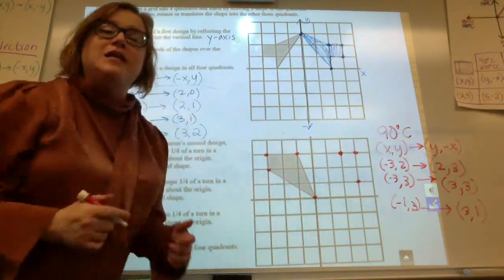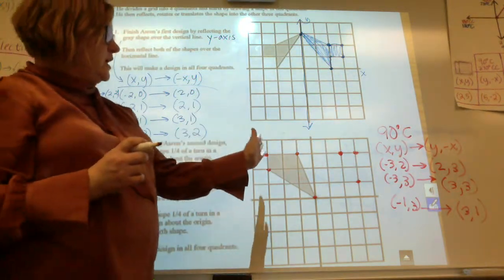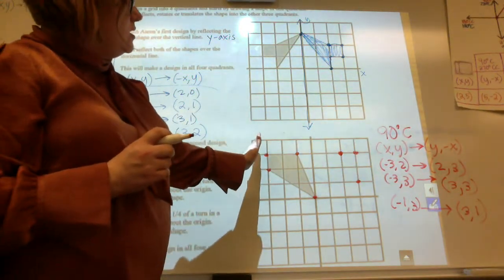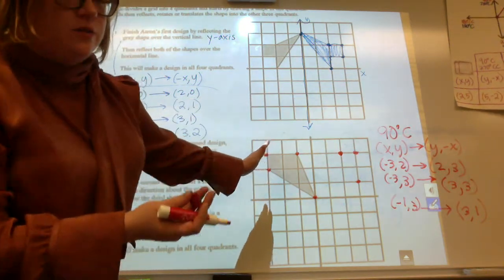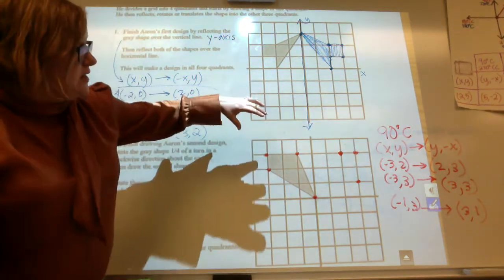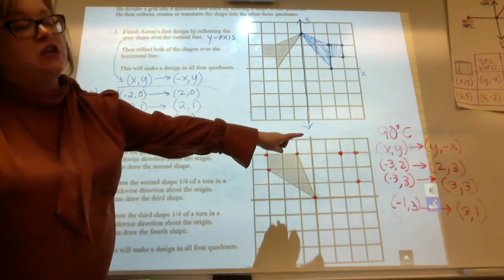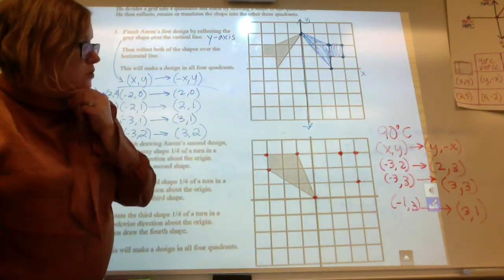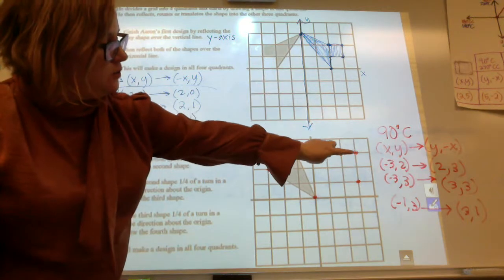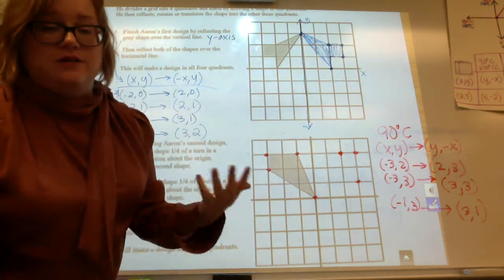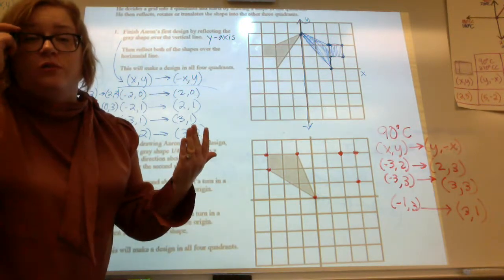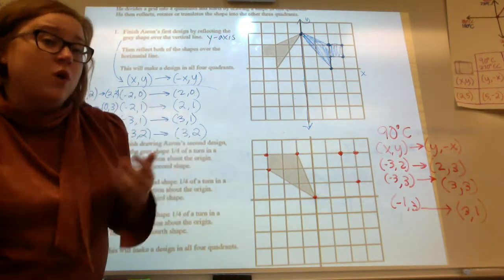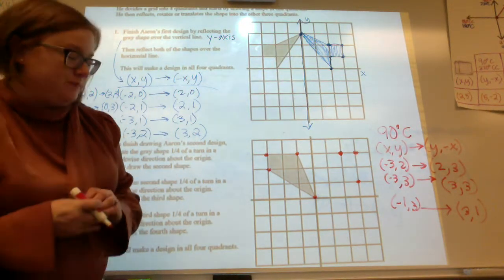Now, it's worth mentioning here that when we're rotating from quadrant 2 clockwise by just a quarter turn, or 90 degrees, I do expect that my final figure should end up in quadrant 1. And notice all 3 of my resulting points are positive, positive, which is good because all points are of the form positive x, positive y when they are in the first quadrant.